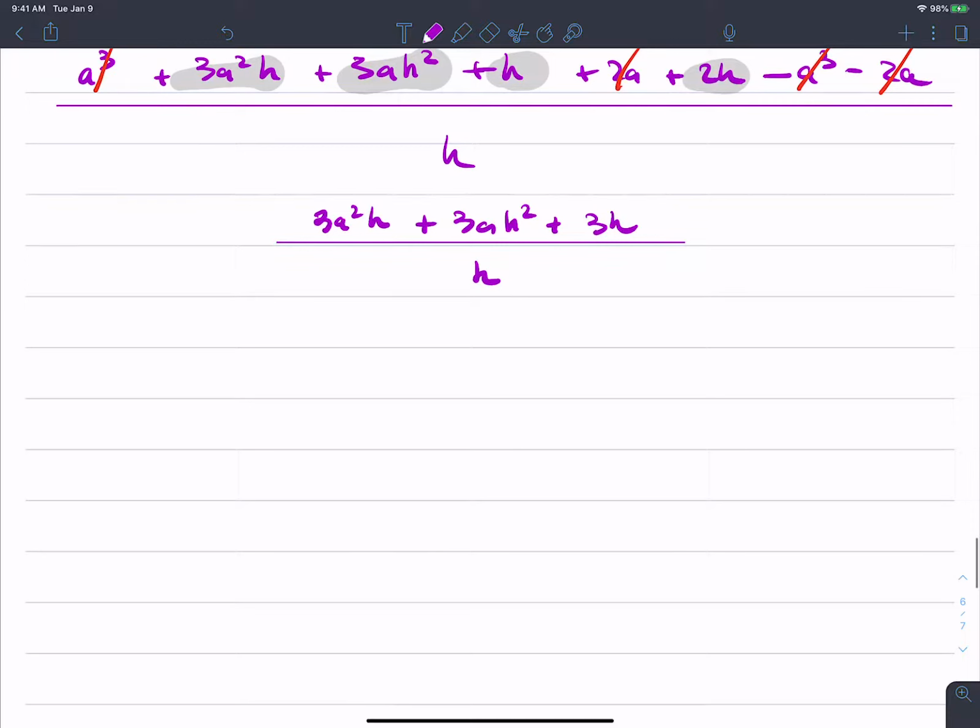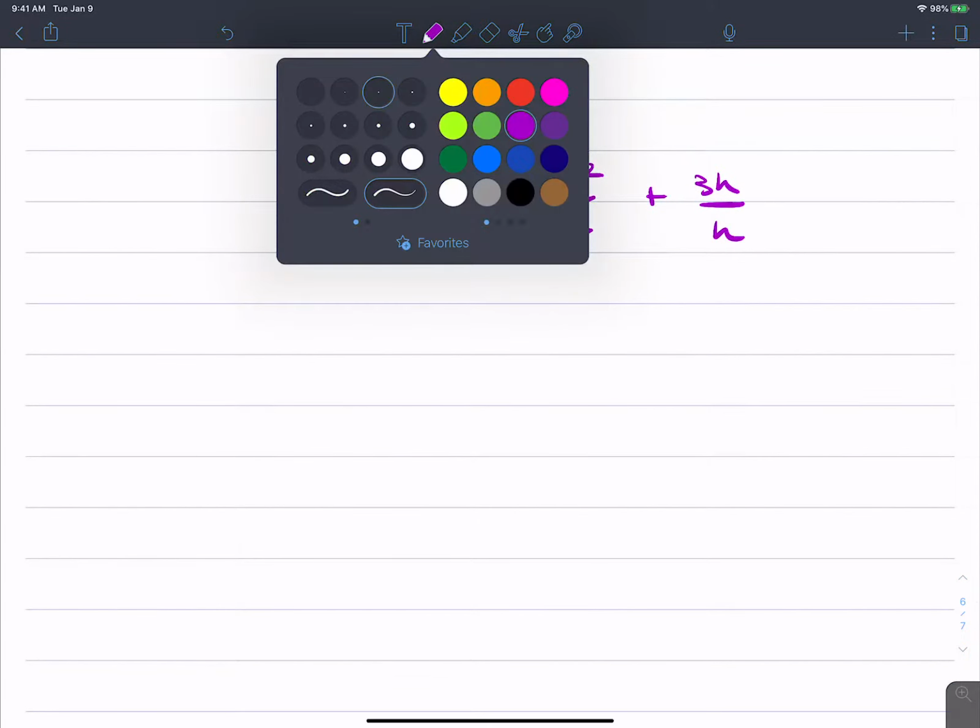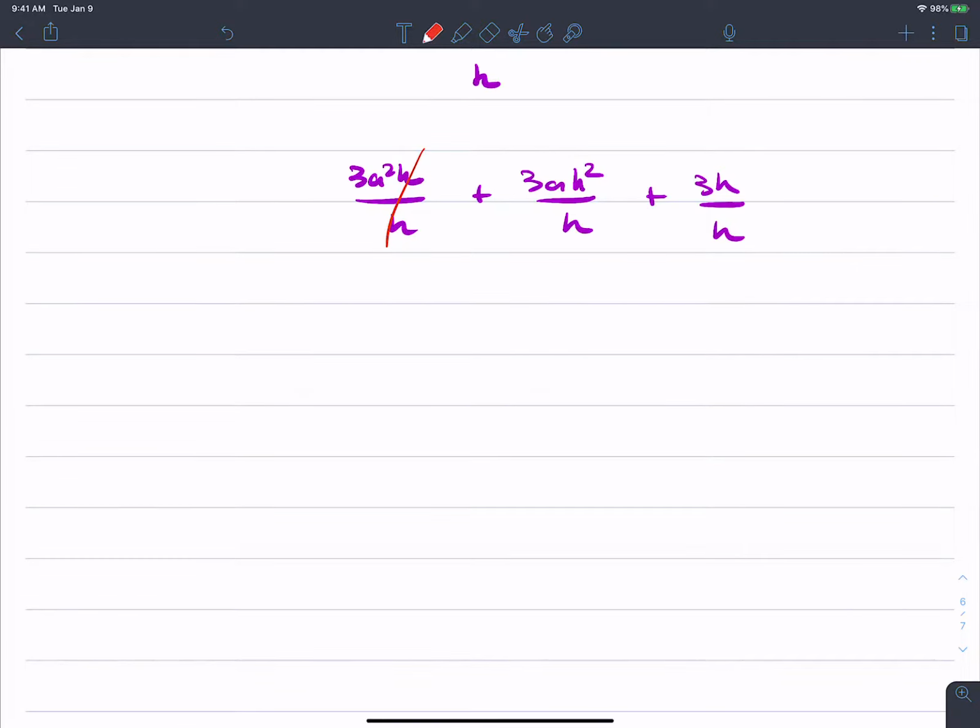And yes, we distribute division, meaning 3a squared h over h plus 3ah squared over h plus 3h over h. And now you get to cancel. Cancel, cancel, cancel. So you are going to get 3a squared plus 3ah, there's an h there, plus that 3.